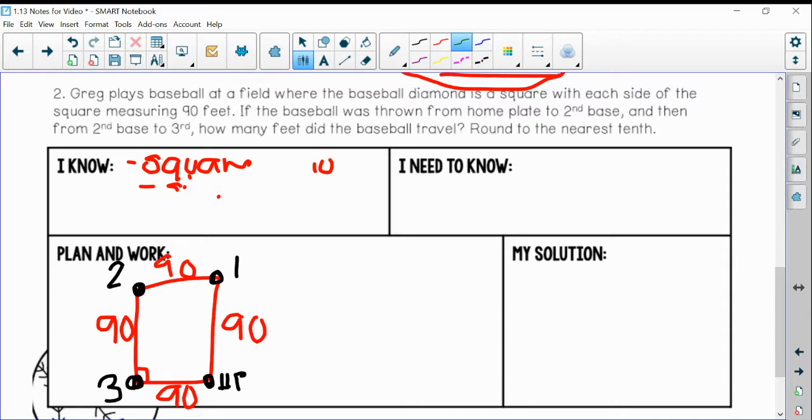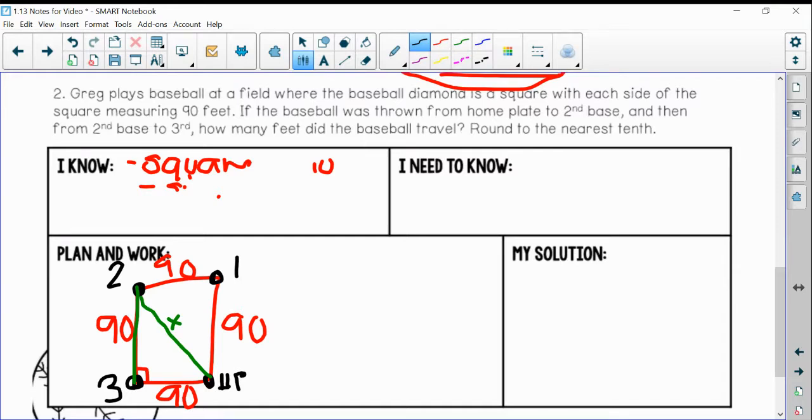So if he throws the ball from home plate to second, that's our diagonal. We don't know what that is. And then he throws the ball from second to third. We do know what that is. So if I can figure out what the diagonal is, I can find the distance from home plate to second and second to third and add the two together.